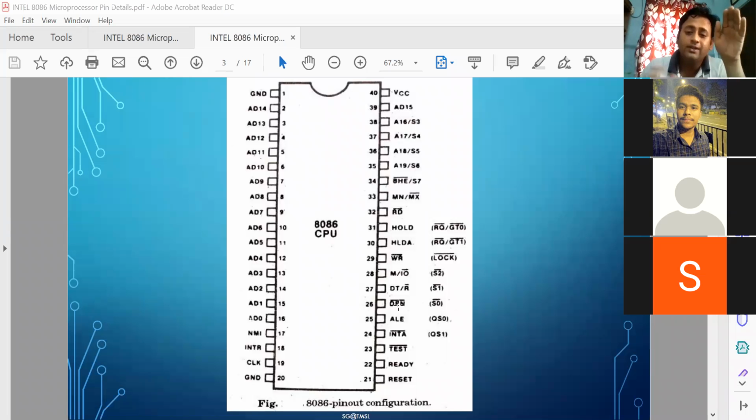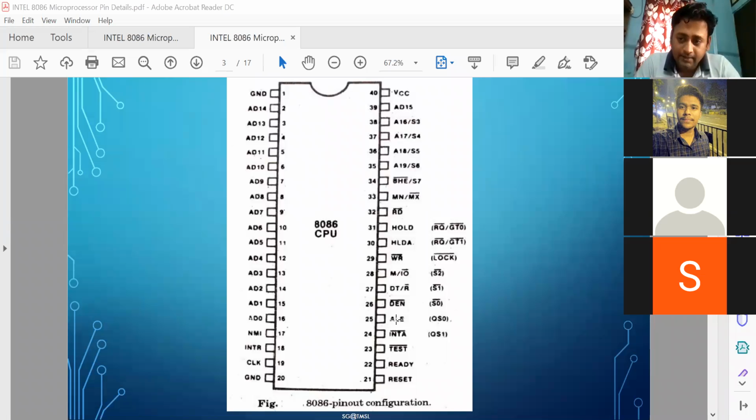You have to transfer or receive the data according to your requirement. So it identifies that data is available in the data bus buffers. If this pin is low, then it represents the data is enabled or available.